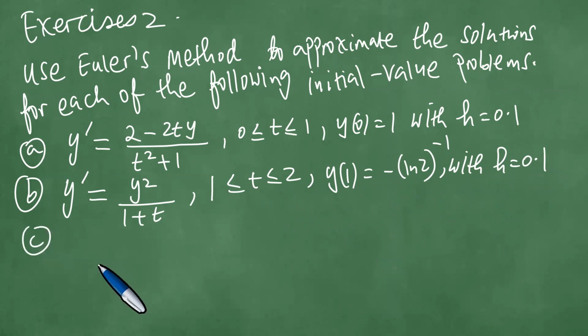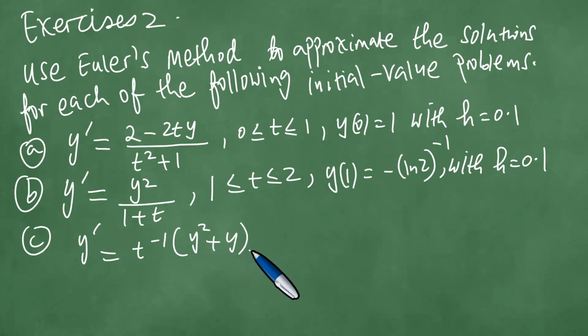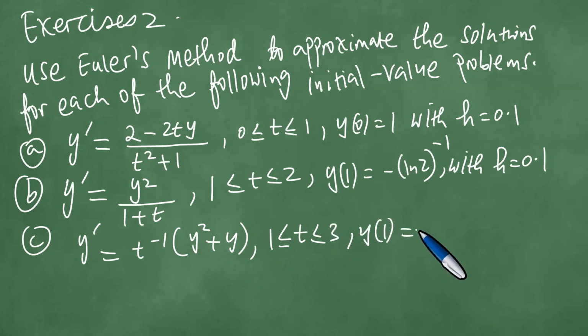These exercises that we're not going to do today, I'm going to highlight the answers in our next meeting. So this is t to the minus 1, then you have y squared plus y. They're not very different anyway in the book, so I'm just sampling or randomly picking from the textbook. You have y at 1 equals minus 2 with h 0.2.